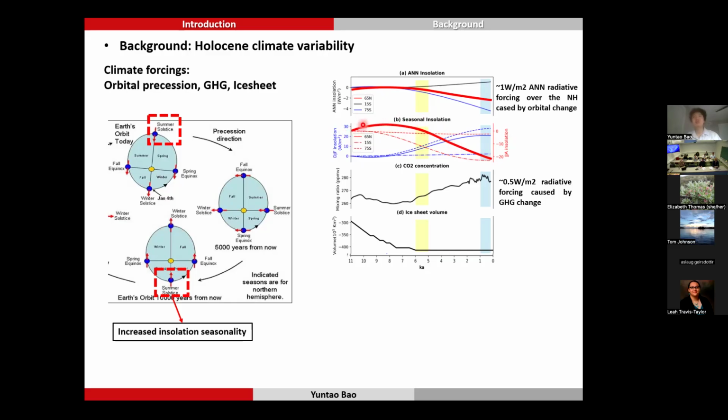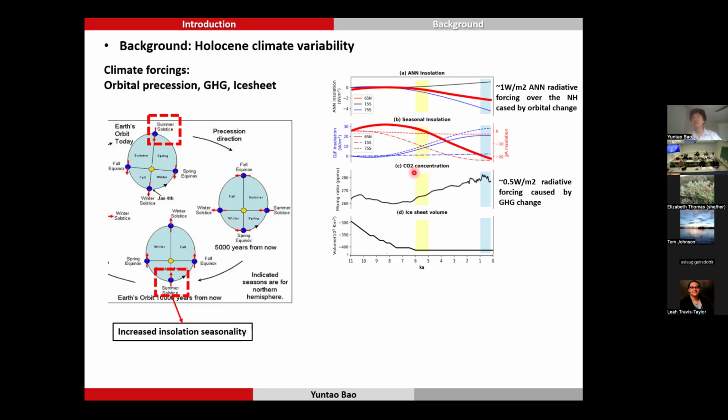During JJA, insolation decreases from the early Holocene to the pre-industrial. But during DJF, in contrast, the insolation increases. Here we show the mid-latitude Northern Hemisphere insolation. It is this kind of pattern, and we also have another two important forcings.